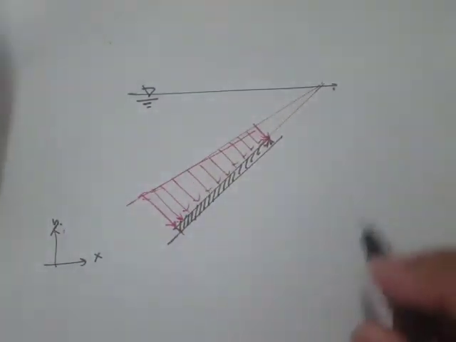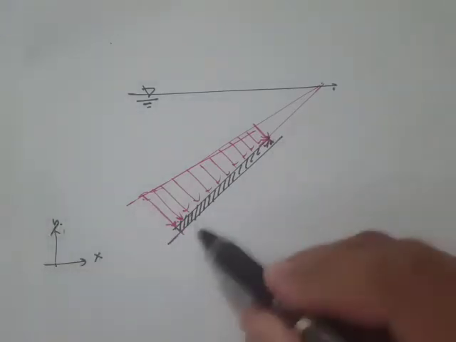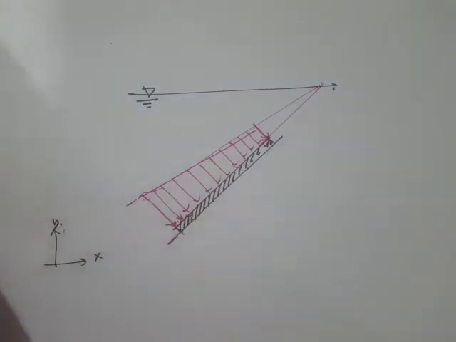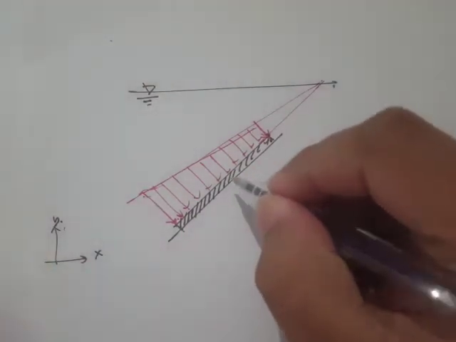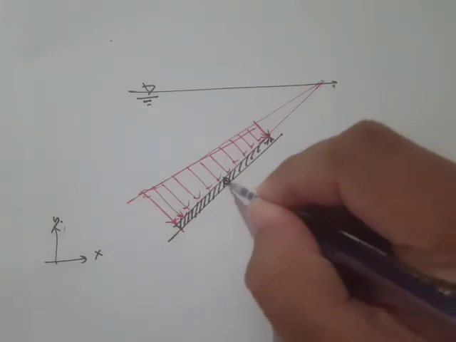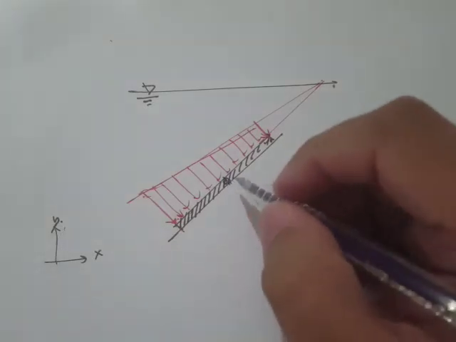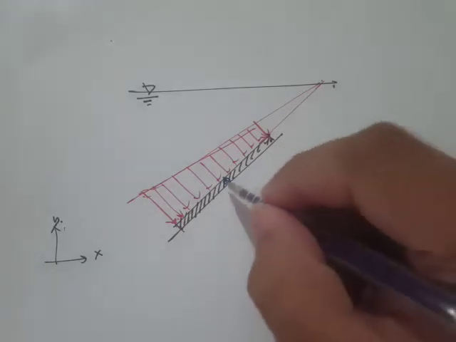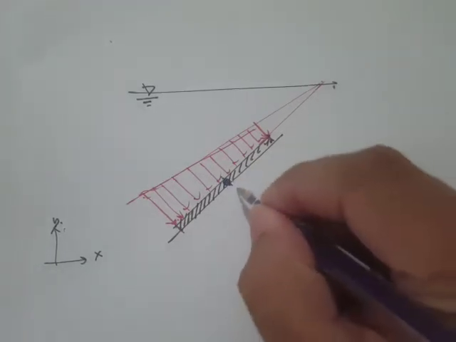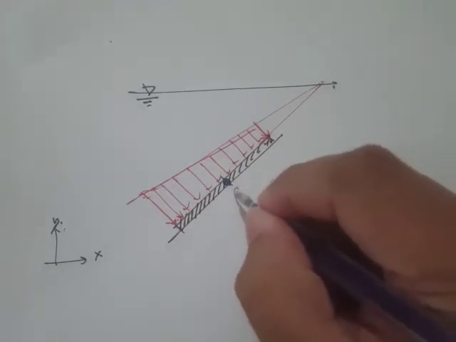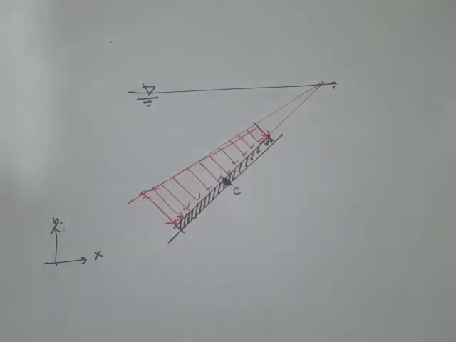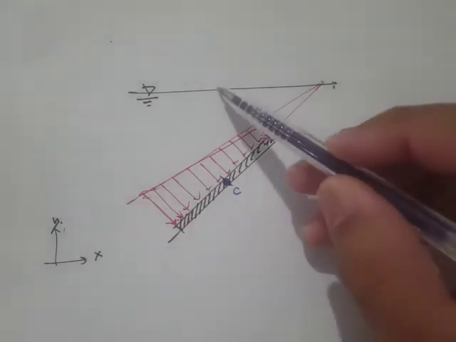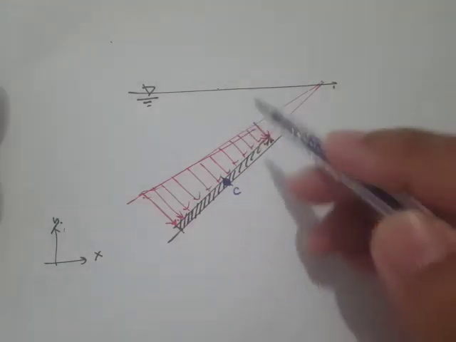Okay, so if this is our submerged body, since it is an area, then it will have a centroid, something like a geometric center. Right? So let's say this is our centroid, and now the distance from the free surface to the centroid.